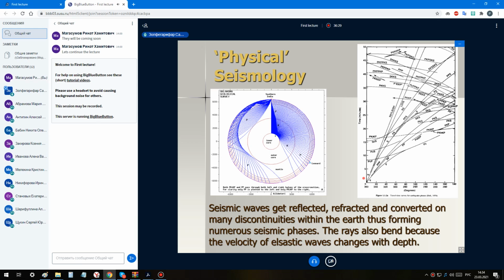The rays also bend because the velocity of elastic waves changes with depth, in two types: body waves and surface waves. Body waves, as mentioned before, are P waves and S waves; surface waves are Love waves and Rayleigh waves.